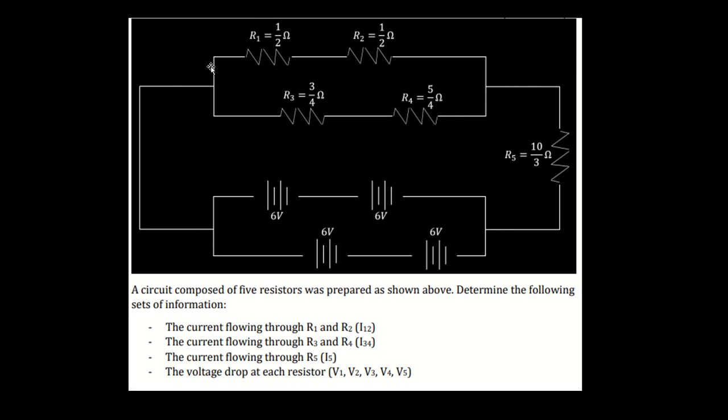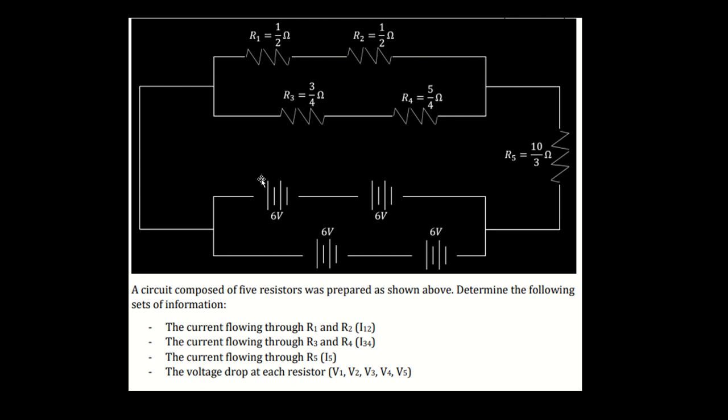The voltage drop across the total of R1 and R2 will equal the voltage drop across the total of R3 and R4, and the voltage drop across any of these paths plus the voltage drop across R5 will end up being our total voltage.